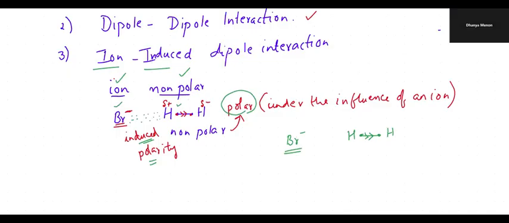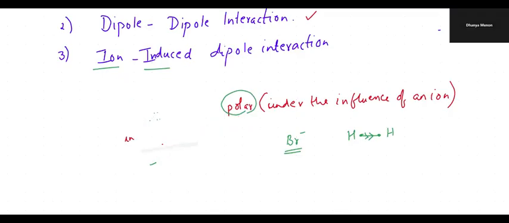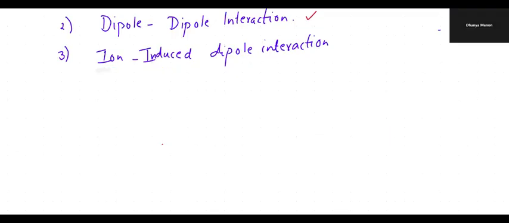Now, the next type, the fourth type is, so just go with the name, that's it. Fourth one is dipole-induced dipole interaction.